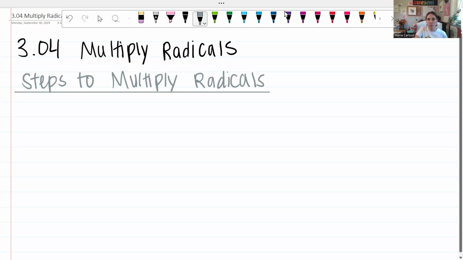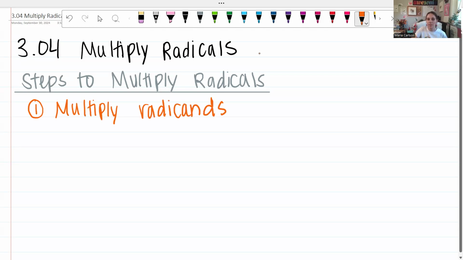So step number 1 is going to be to multiply the radicands. And remember, radicands with a D at the end, those are the inside numbers and variables.